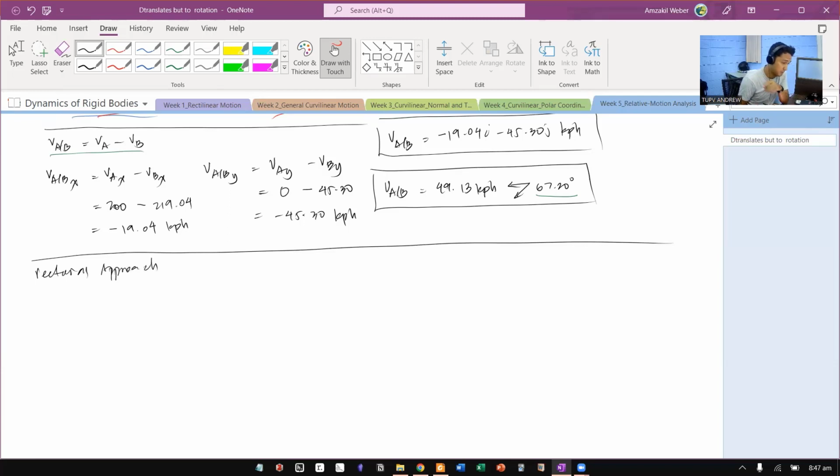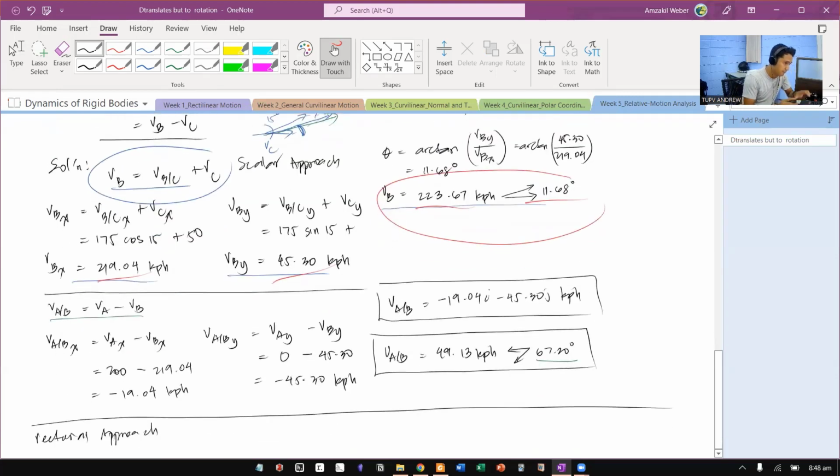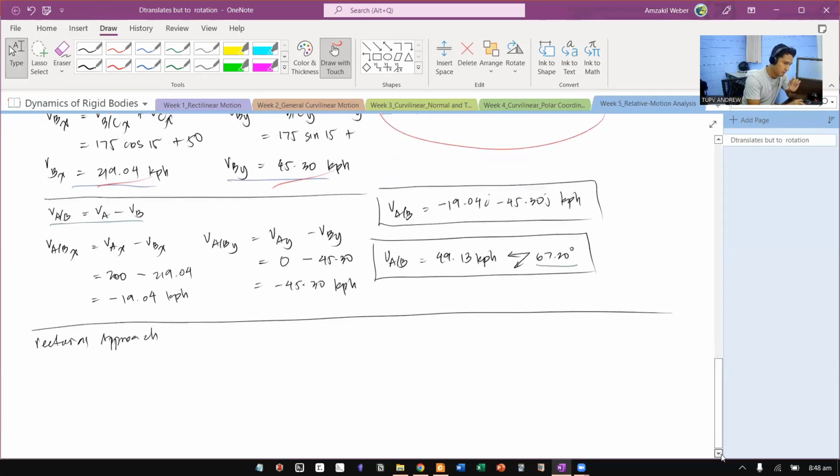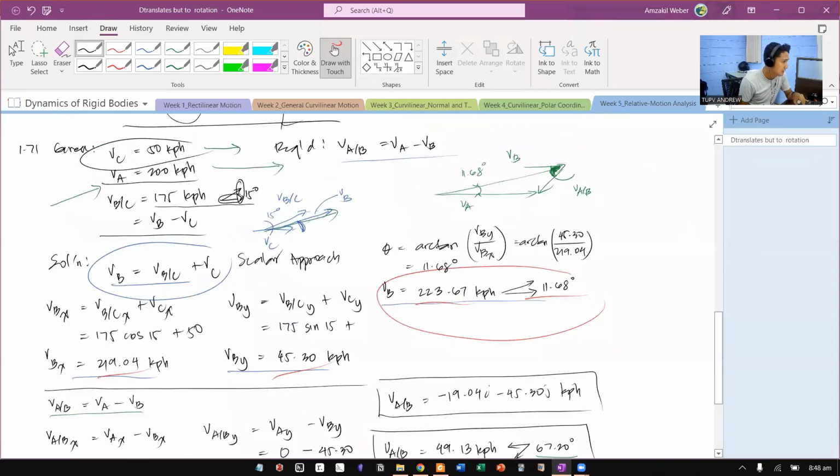The scalar approach was the earlier one. So VB. The aircraft carrier C, VC is 50.